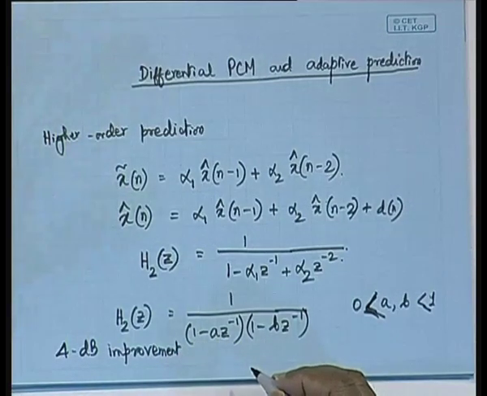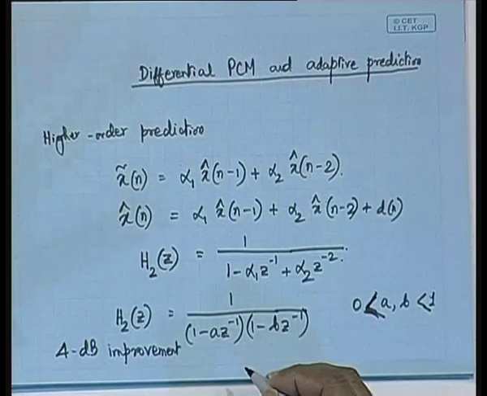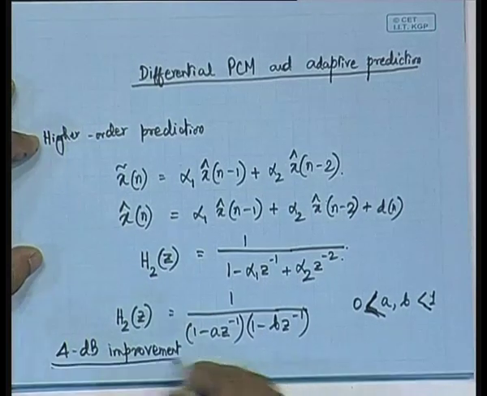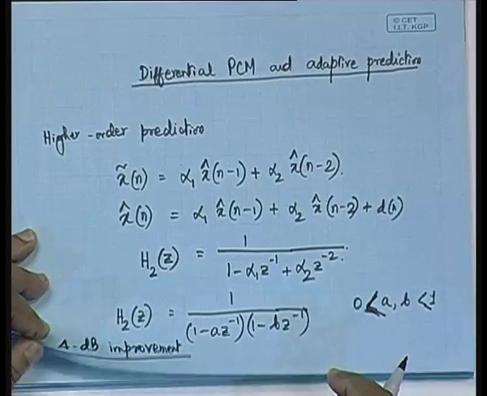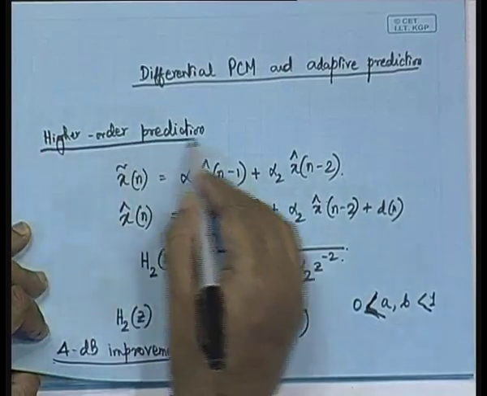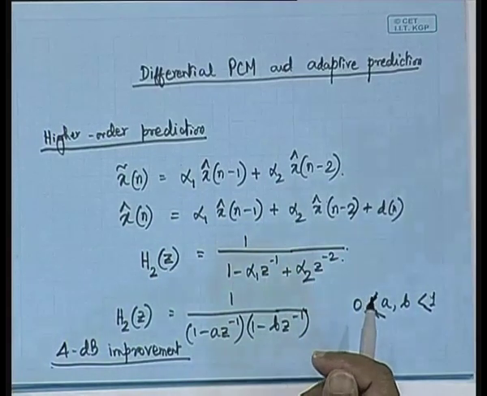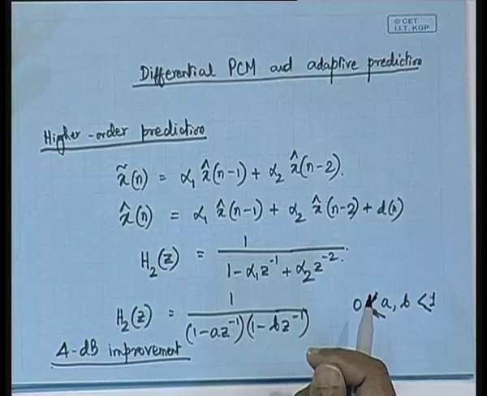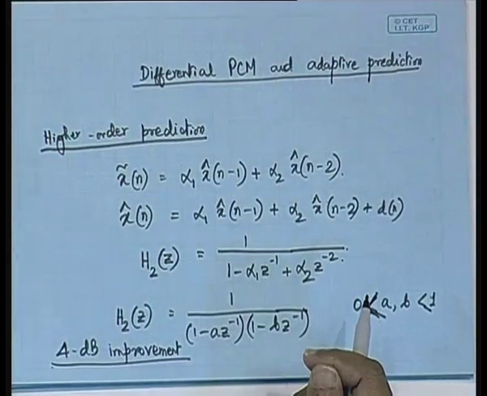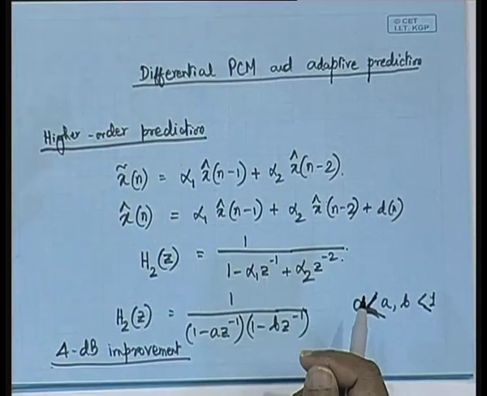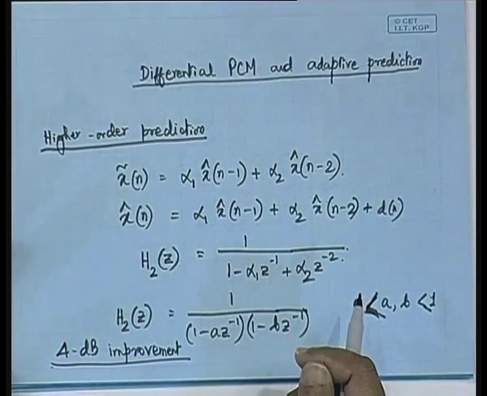It is only beyond p equal to 4 or so that we do not have much of an improvement in the performance, but for second order, 4 dB improvement is enough. So this is what we should consider for the higher order prediction, and higher order prediction can be used in the linear delta modulator, in the adaptive delta modulator, or even in differential pulse code modulation, which we are going to talk of now.